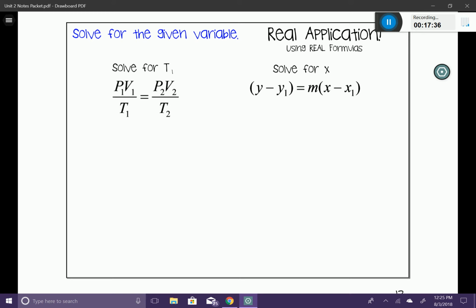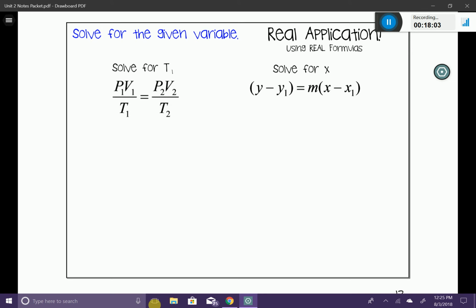So you're comparing 2 different containers, and their pressure inside the container, the volume, and the temperature. The 1 represents the first container, and the 2 represents the second container. So you're looking at 2 different situations with different pressures, volumes, and temperatures. We just want to solve for the temperature of the first one. That's all we're asked for. So let's do that.